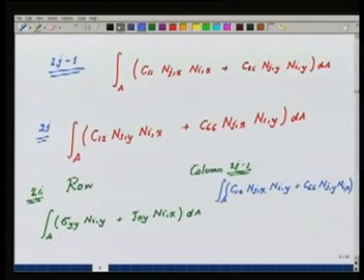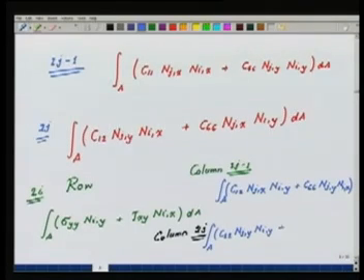Similarly, column 2j, this would mean I will do integral over the area of C22 nj,y ni,y plus C66 nj,x ni,x.